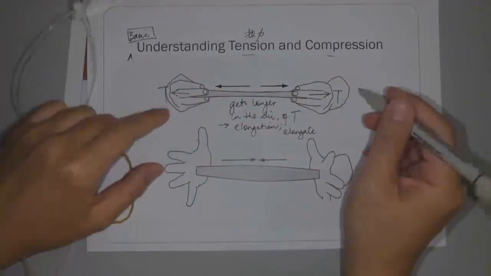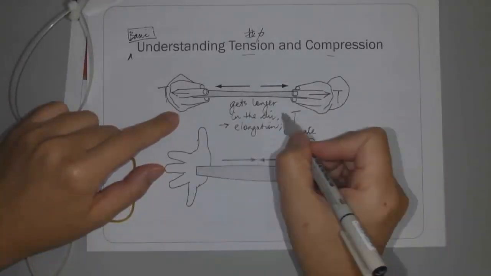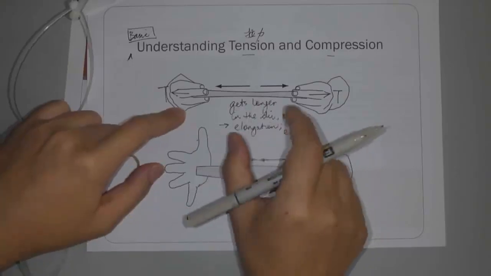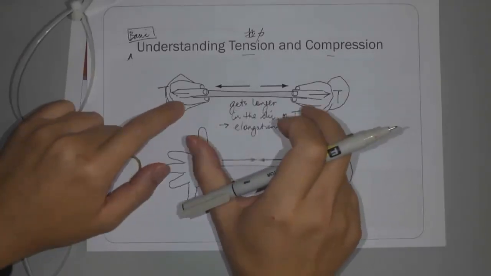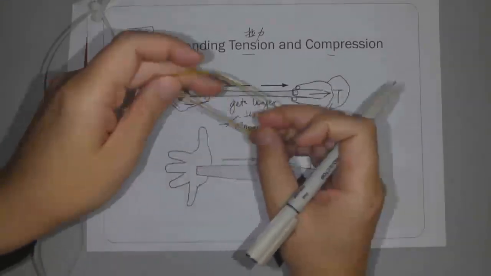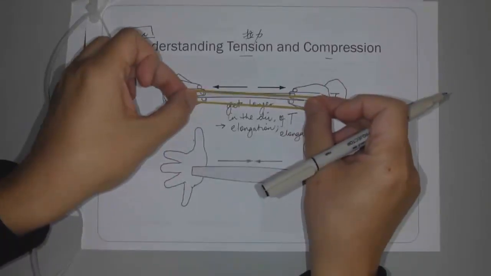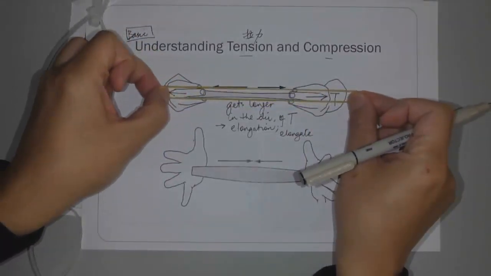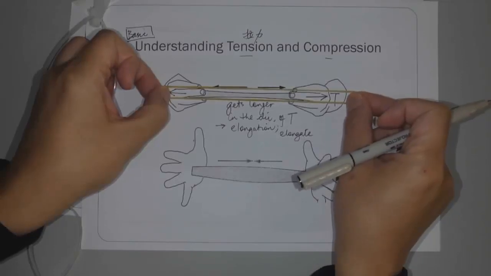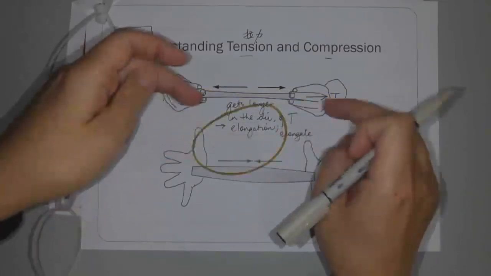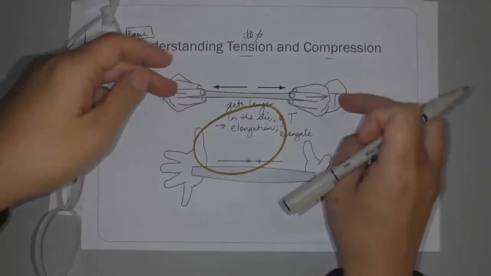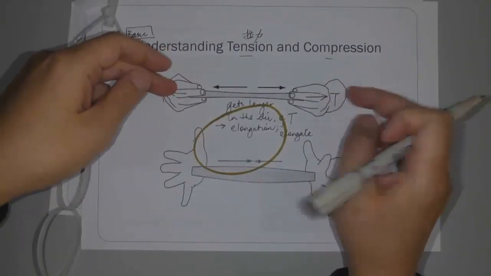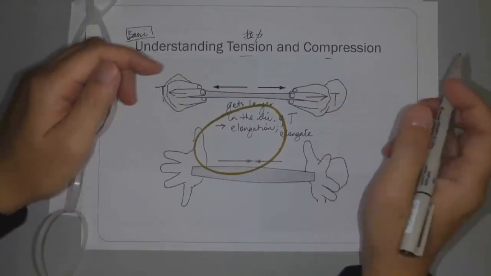Right, but what I try to emphasize is, I can describe the same thing in reverse: if this piece of material gets longer in this direction, that implies there must be a tension force in the same direction. Okay? So I'm saying the same thing, but in the reverse direction.